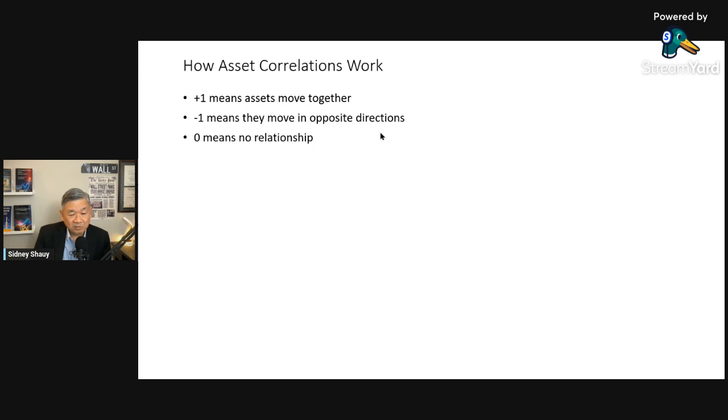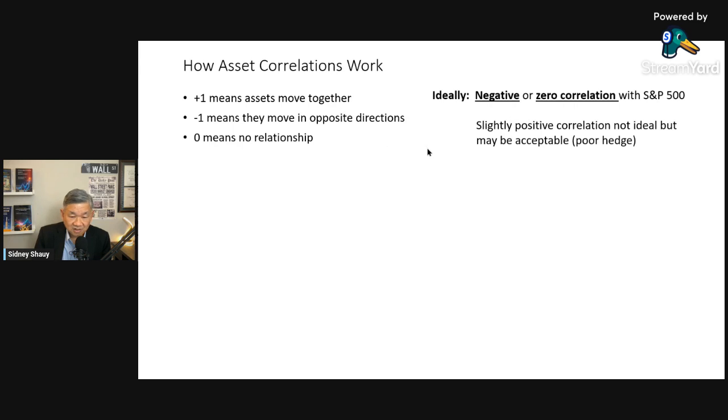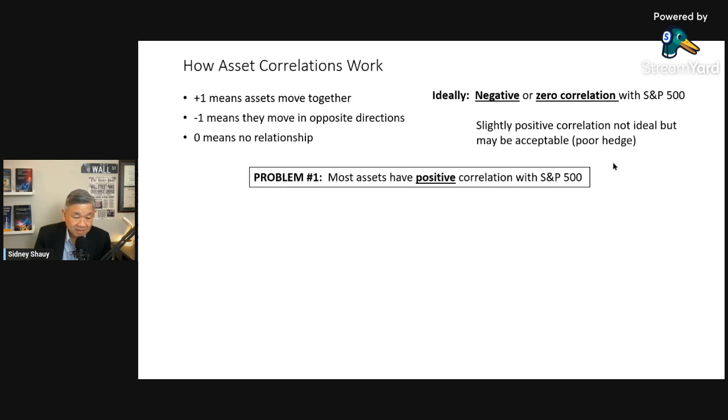Ideally we want 0 or negative correlation. If it's slightly positive, it's still okay. It's not ideal, meaning the hedge is not as great as we would like, but it sometimes still works.